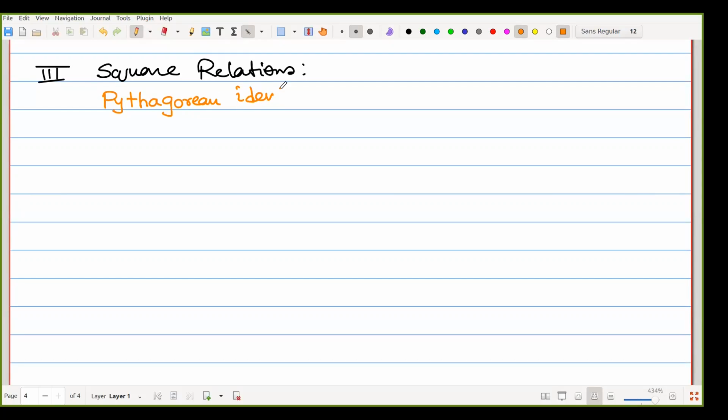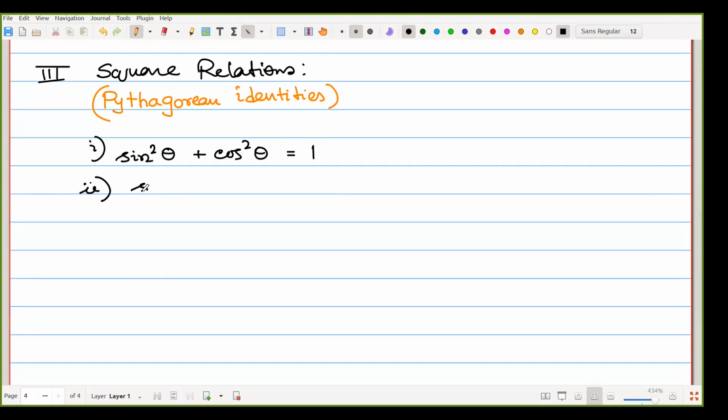Now the third one is called the square relations. That is also known as the Pythagorean identities. Okay, the first one is sine square theta plus cos square theta is equal to 1.